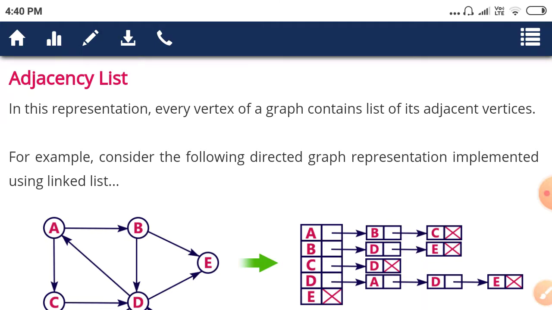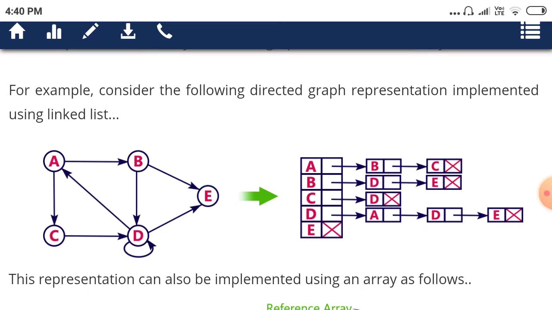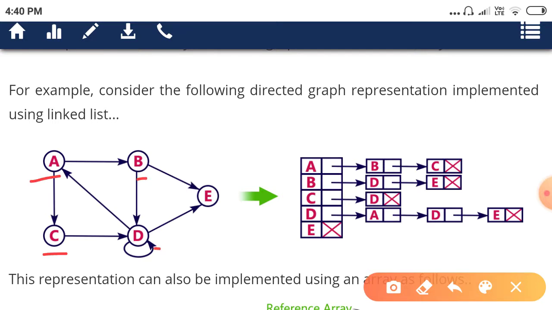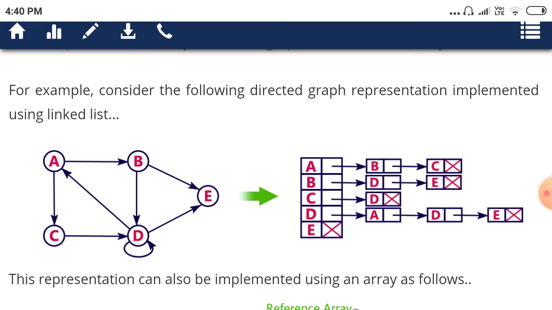See here, the vertices are a, b, c, d, e. First we take all the vertices, and then a to b. There is an edge from a to b, so we write a b, and then a to c is there. Now a is finished, now we'll take b.